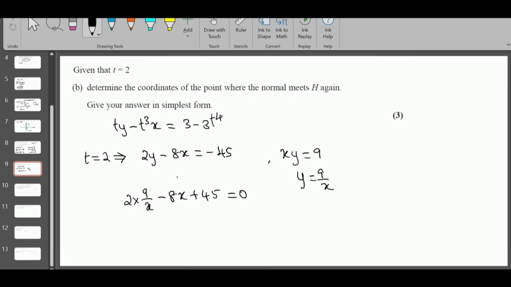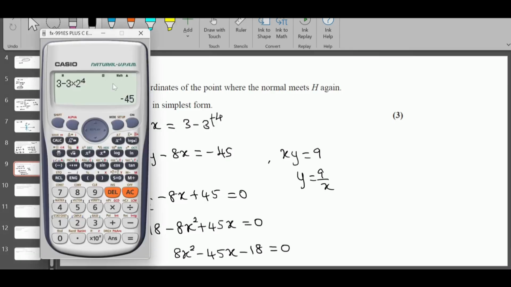Multiply throughout by x, you will get 18 minus 8x square plus 45x is 0. Multiply throughout by negative 1, write it in the standard format. 8x square minus 45x minus 18 is equal to 0. Which is a quadratic equation. We can solve it. 8, minus 45, minus 18.